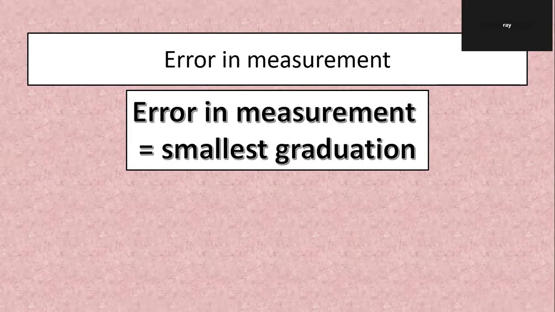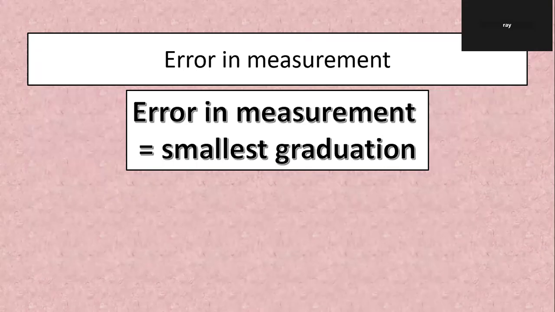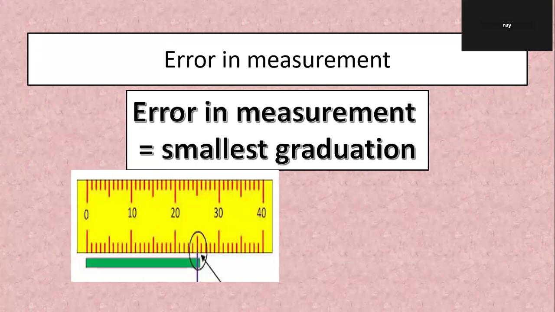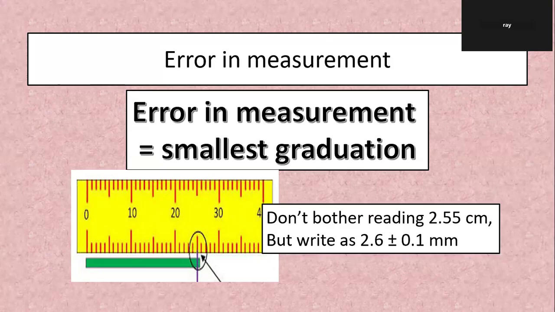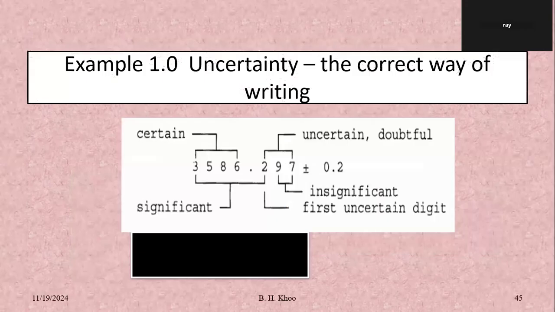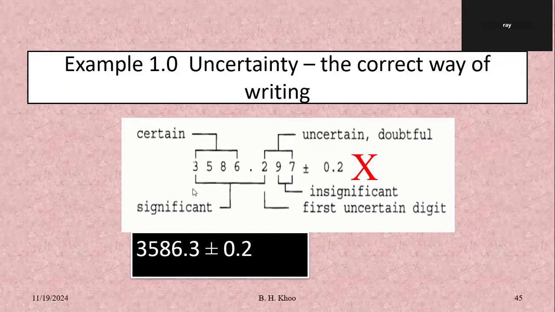Error in a measurement is the smallest graduation. So in this case, there's no point reading to 2.55. You read 2.6 plus minus 0.1 cm. Can we write it the other way? Cannot. This is not the right way to write the answer. The answer is one decimal place for the uncertainty, one decimal place for the value.